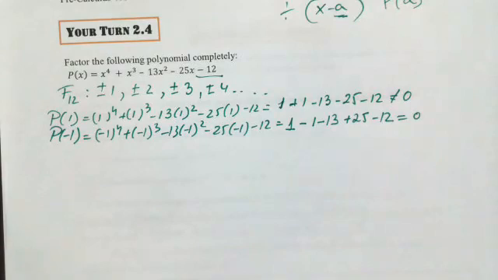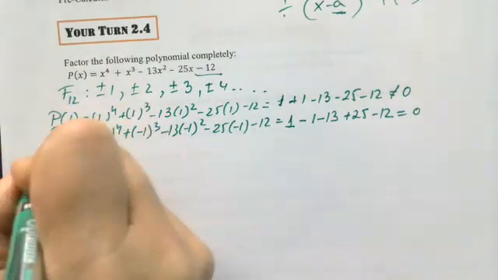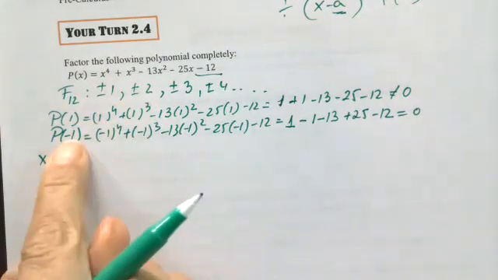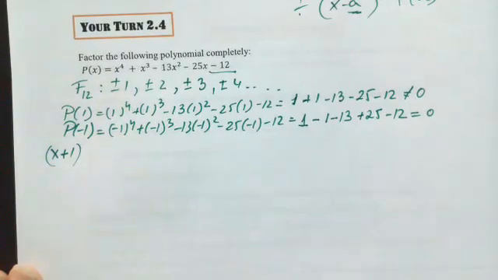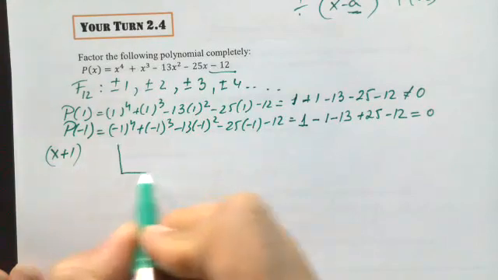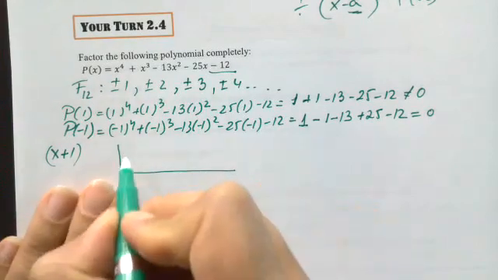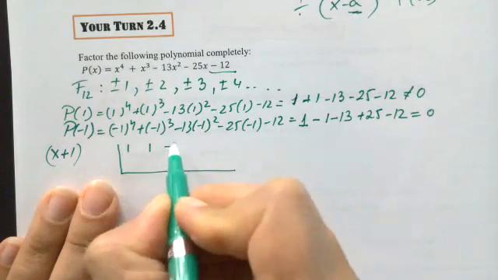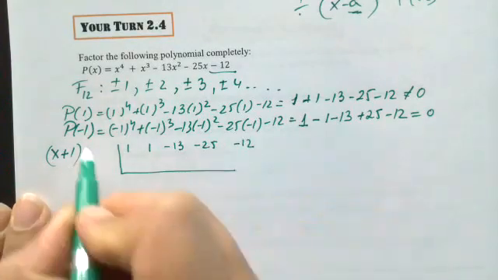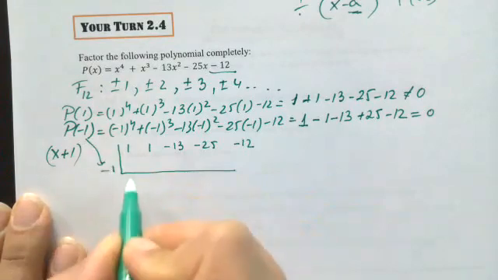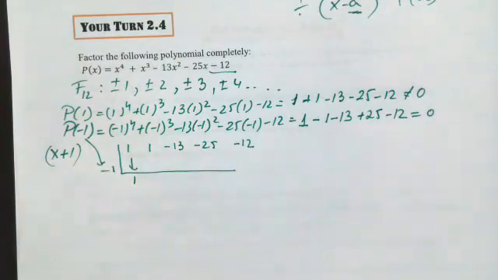So let's say that x plus 1, the opposite, is going to be a factor. We're going to put it into synthetic division. So 1, 1, -13, -25, -12, with -1, and get our quotient.